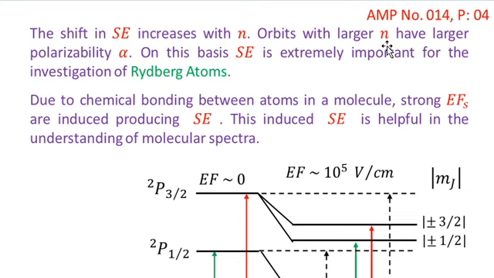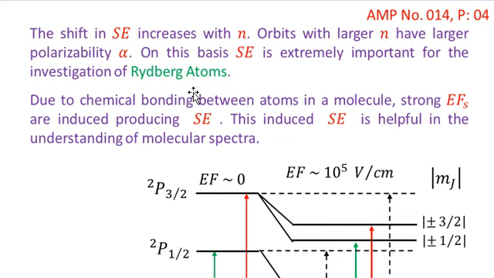Orbits with larger n have larger polarizability alpha. So the greater the size of an atom, the greater will be the polarizability of the atom. That is, the greater will be the value of alpha. On this basis, the Stark effect is extremely important for the investigation of Rydberg atoms.